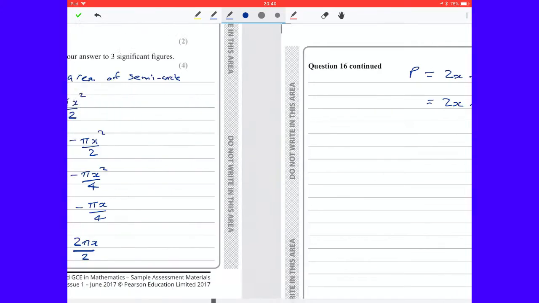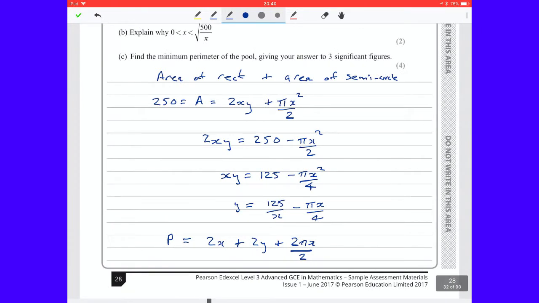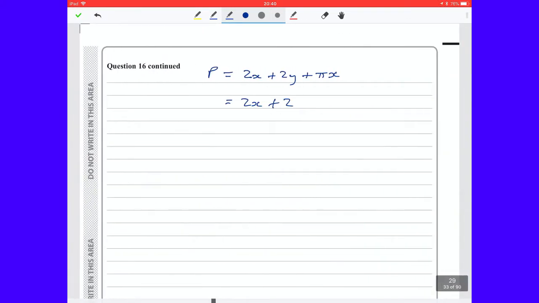Now let's have a look back and see what y was. y is 125 over x minus pi x over 4, so we substitute 125 over x minus pi x over 4 for y, and then we've got plus pi x on the end.